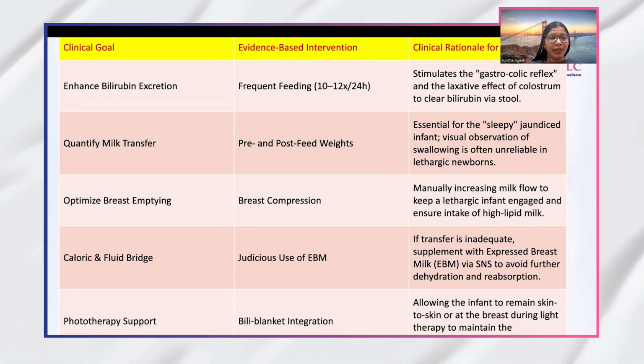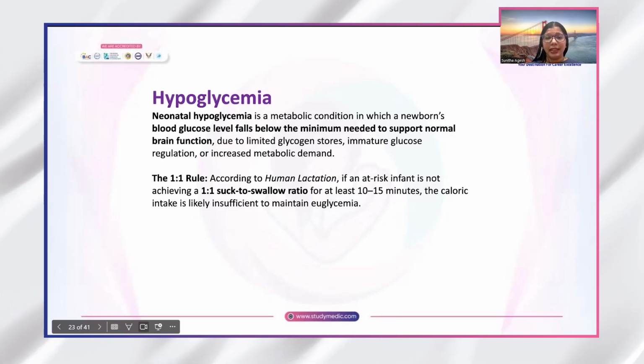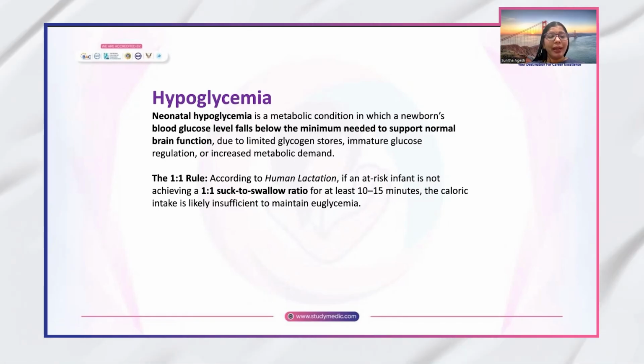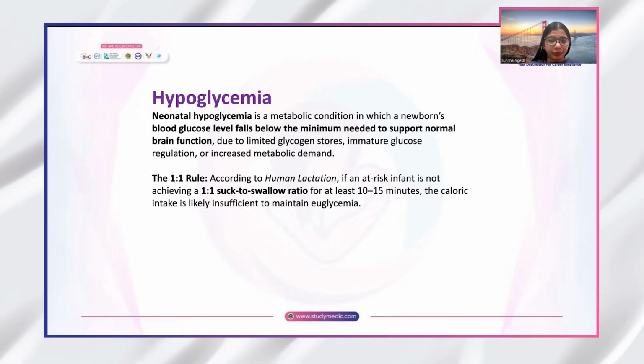Next one is hypoglycemia. This one we commonly see many times in the wards and NICU. Neonatal hypoglycemia is a metabolic condition where newborn blood glucose levels fall below the minimum needed to support normal brain function. It's because in preterm babies, they have limited glycogen stores, immature glucose regulation and increased metabolic demand.